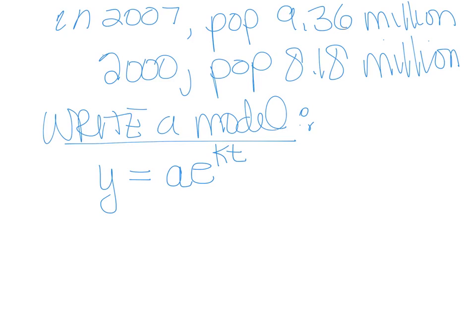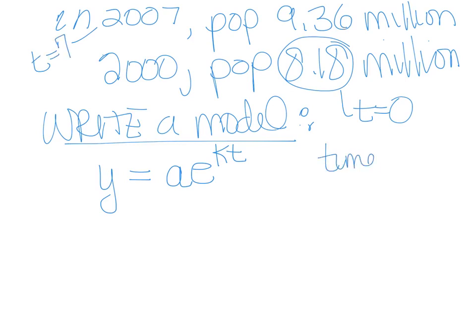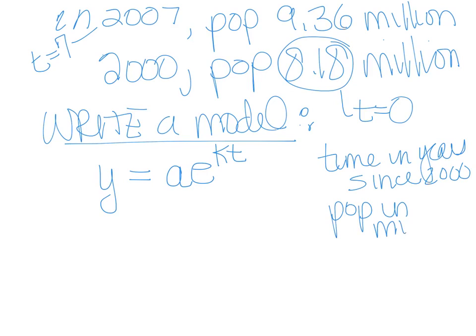So I'm going to use my initial value in millions, 8.18, okay? So that'll be at t equals 0. And so if that's t equals 0, then 2007 is time equals 7. Okay, so I'm measuring time in years since 2000, and I'm measuring population in millions.